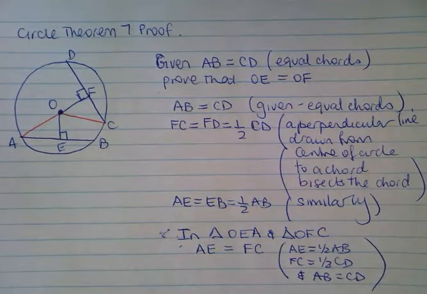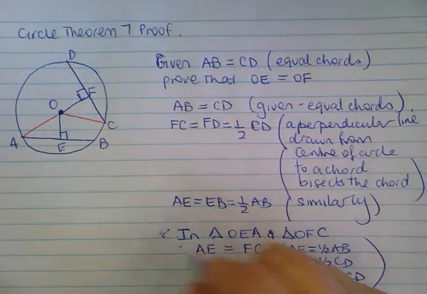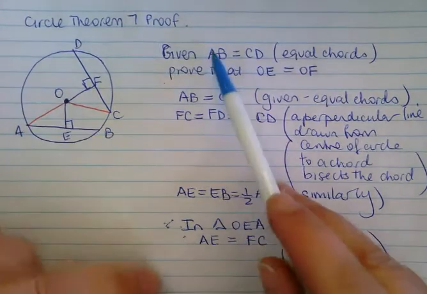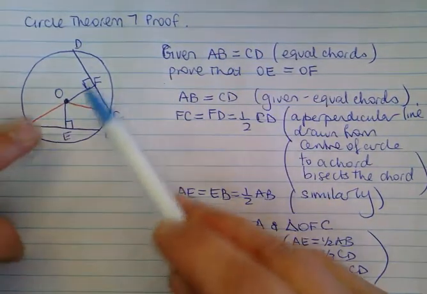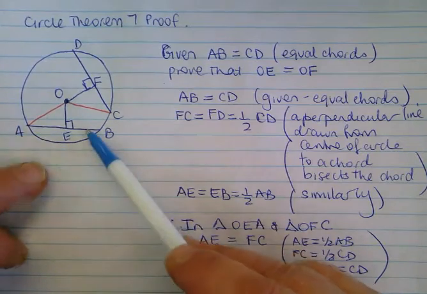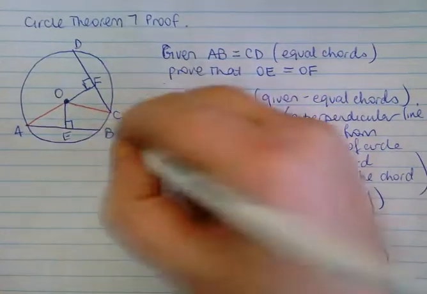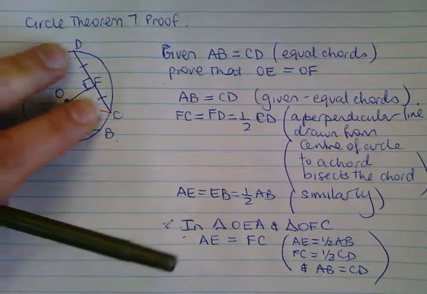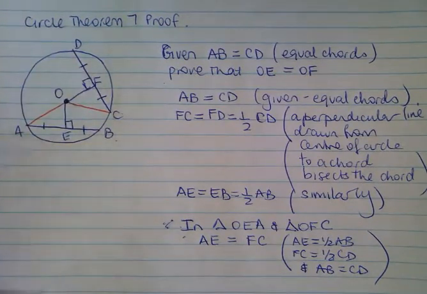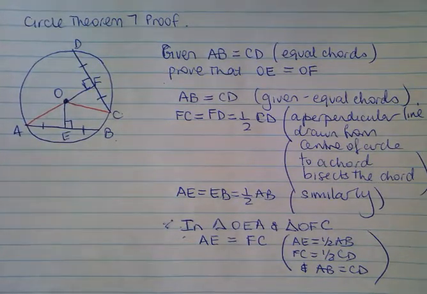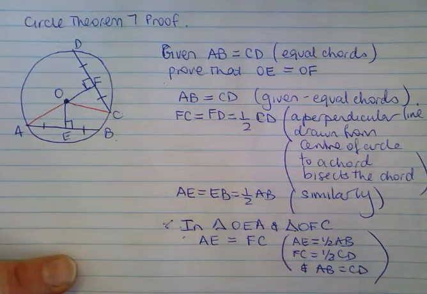It's all explained up there, so you could just say therefore AE equals FC. But the reason that they're equal is that AB equals CD, and the halves are equal as well. So CD equals AB, but these are all halves. DF equals FC, AE equals EB, but all these four must equal each other because AB and CD were the same length in the first place. All right? So we've got that AE equals FC.